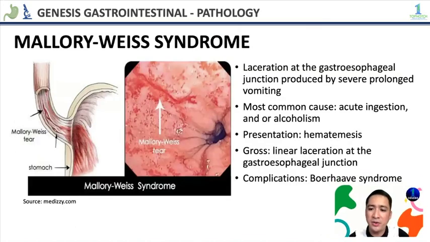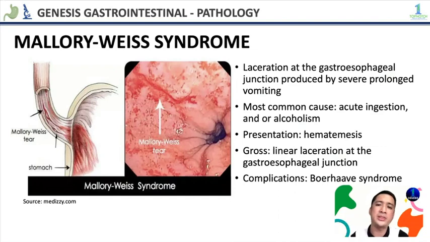This is your Mallory-Weiss tear. Your Mallory-Weiss syndrome, no? Always associate this with alcoholic patients. There is a linear laceration at the gastroesophageal junction produced by, what is the keyword? Severe vomiting or severe retching.